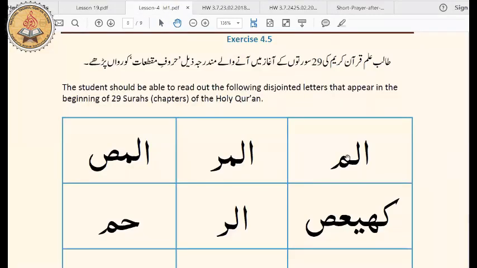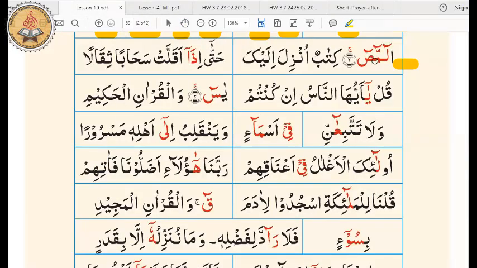In lesson number 4 in the beginning classes, we learn about some disjointed letters. These are the letters which carry no stroke like Fatha, Kasra or Dhamma, and we read them by their name. They come at the beginning of 29 surahs. Which letter is this one?